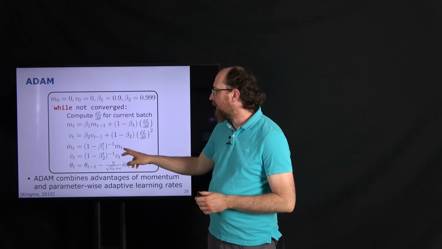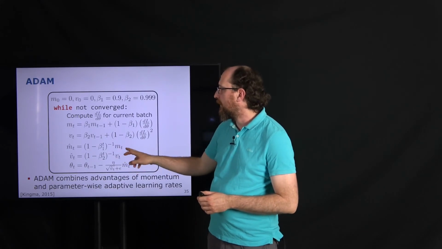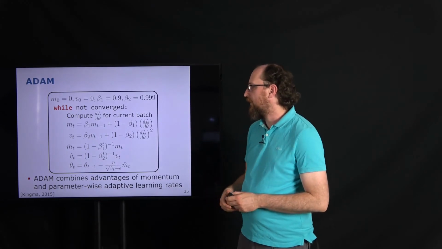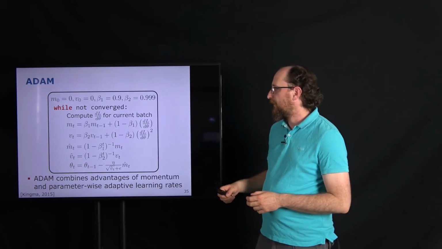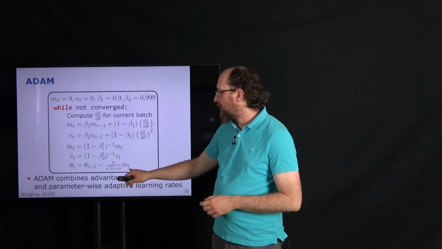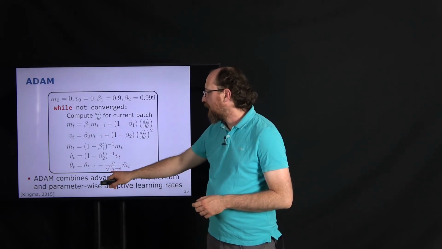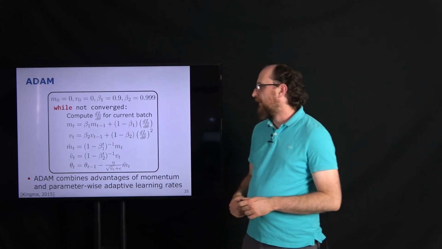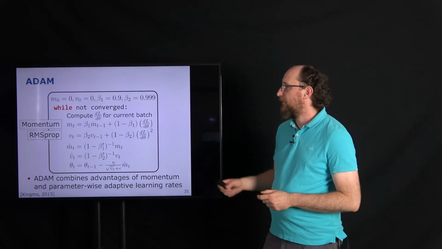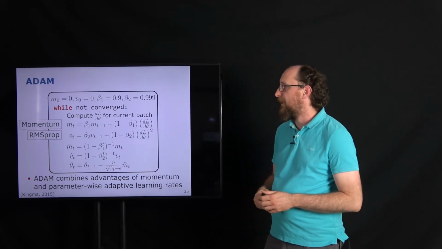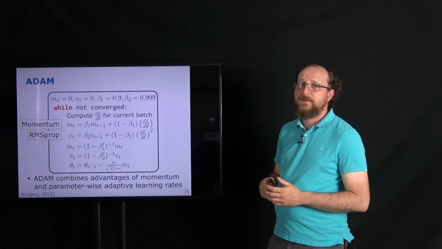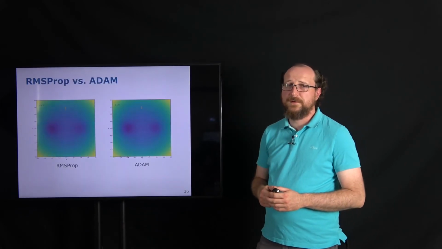So in the beginning we are doing a corrected update, and over time we are reducing this correction. And then we have the velocity direction m_t, and then the v_t, which is then the scaling factor. And using both together, so as I said, it's a combination of momentum and RMSprop in a way, and using this is very effective in the end.